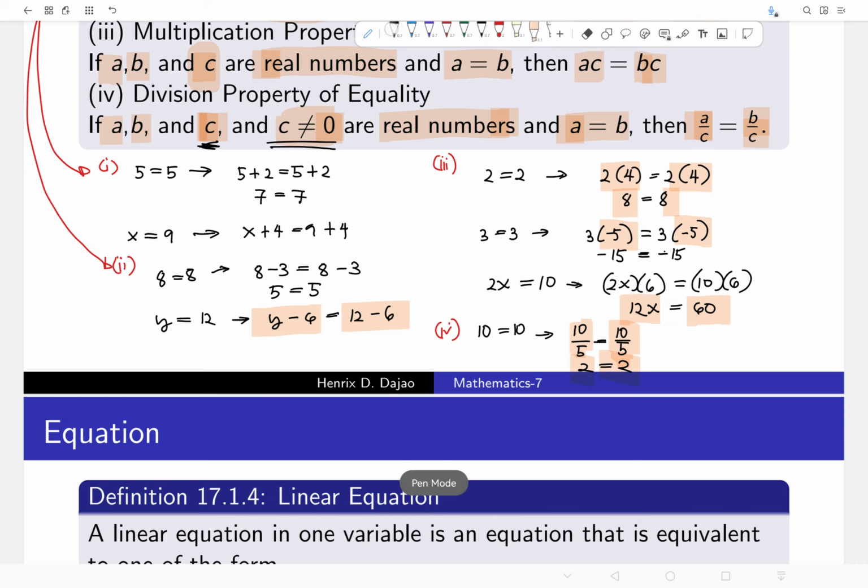One last example for the division property. Let's say you have 4x equals 16, and you want to divide both sides of the equation by 4.